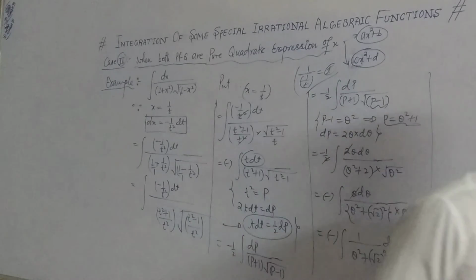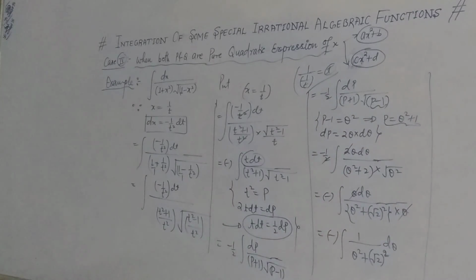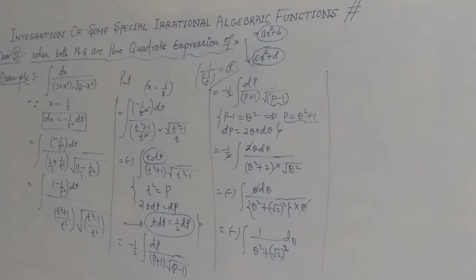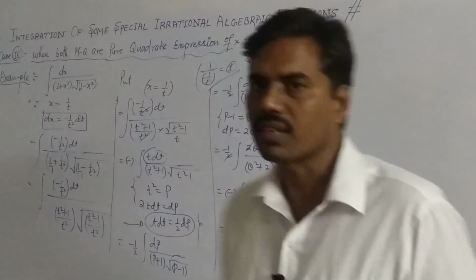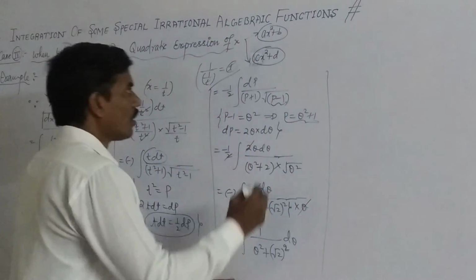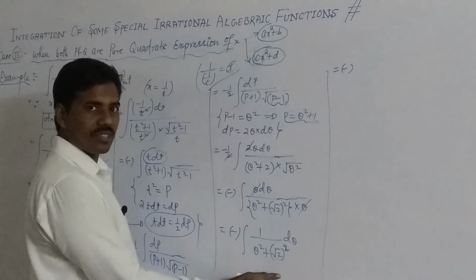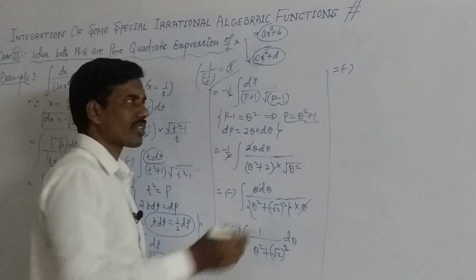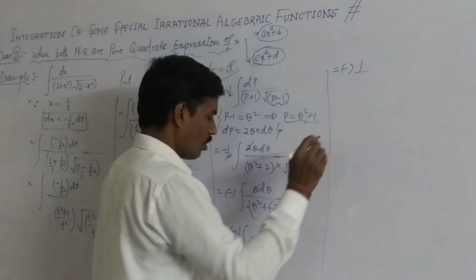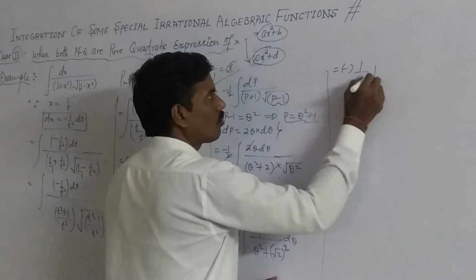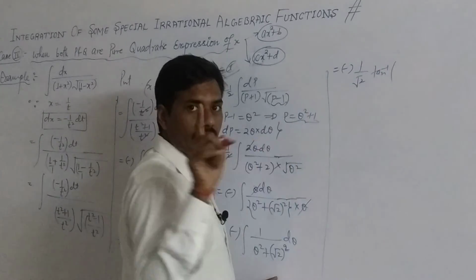So we have to use our special integral formula. This one is equal to minus 1 upon theta square plus x square, that is 1 upon x square plus a square is 1 upon a tan inverse of x upon a.